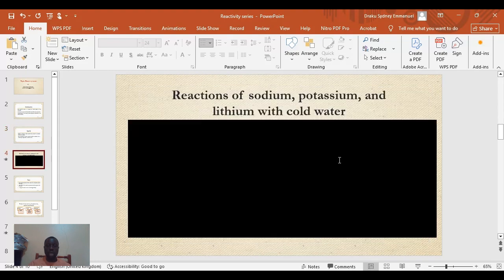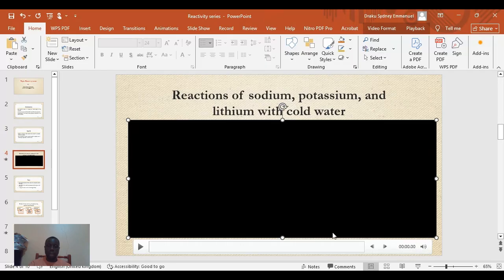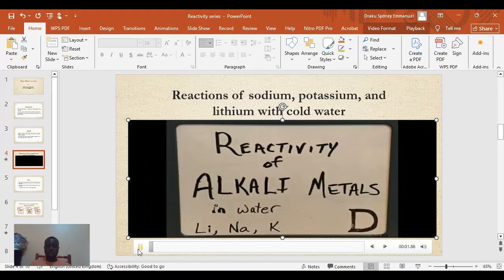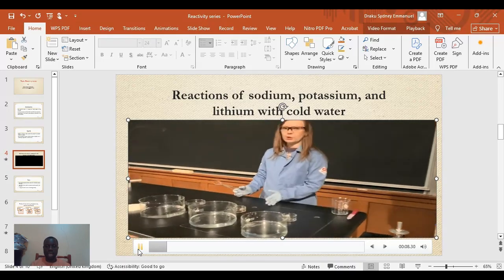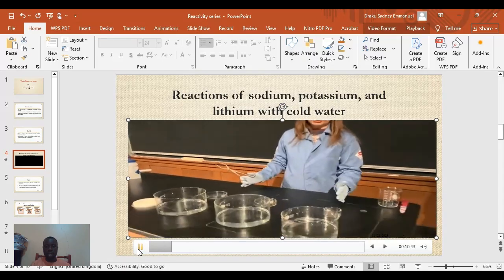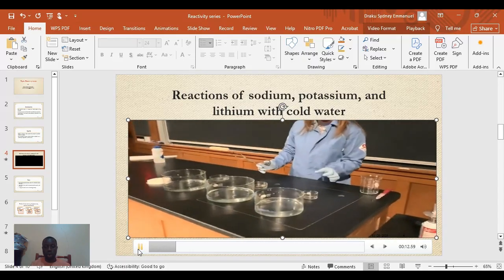And so we want to watch a video where we can compare the reactivity of sodium, potassium, and lithium. In this video, we want to compare the reactivity of these three metals, that is lithium, sodium, and potassium, with cold water.